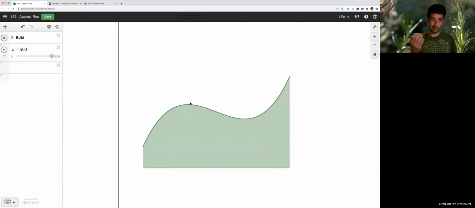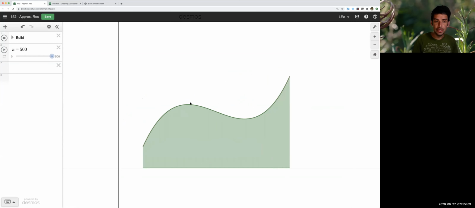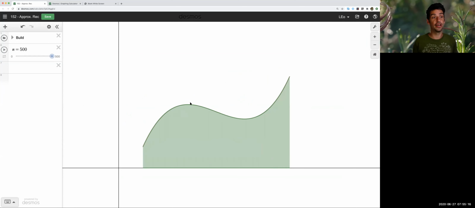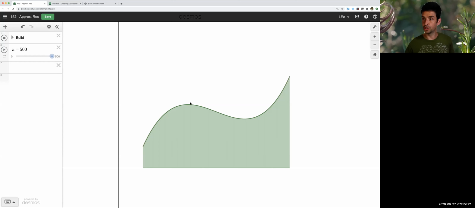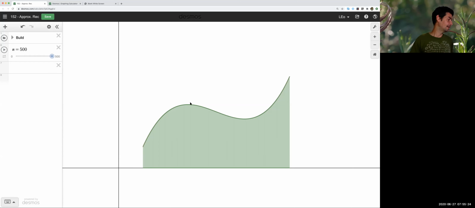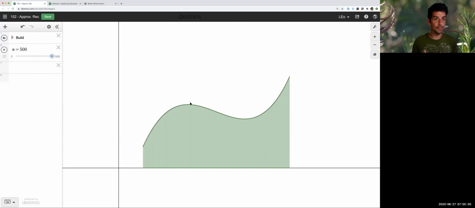That's what we do. This whole idea of what we're going to talk about for the next many videos is really at its core using approximating rectangles to get a handle on this kind of curved area. So we're using something simple to do something very complicated. If you look back at derivatives, the idea there was something very complicated.